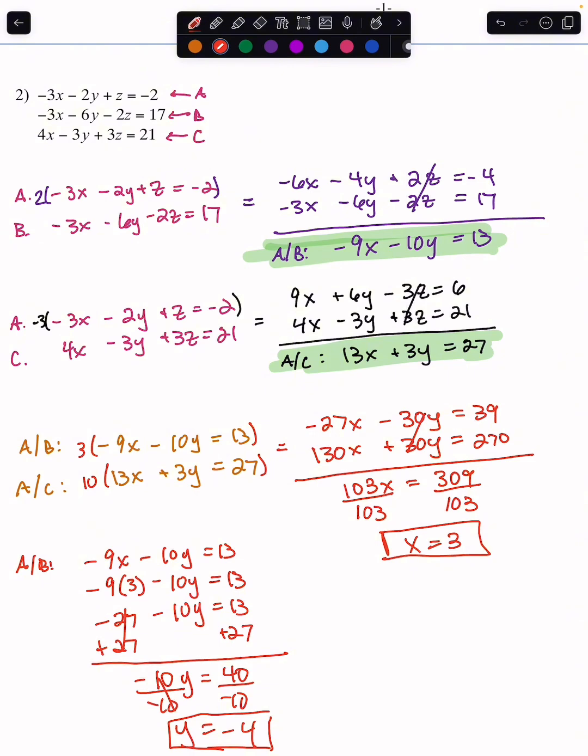So A says negative 3x minus 2y plus z equals negative 2. And the numbers are smaller. That's another positive. So negative 3 parentheses 3 minus 2 times negative 4 plus z equals negative 2.